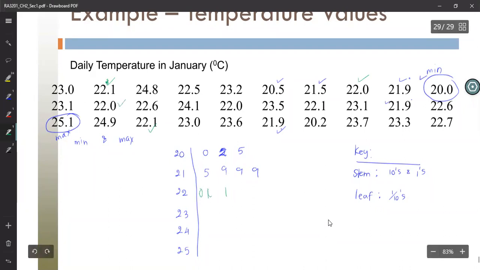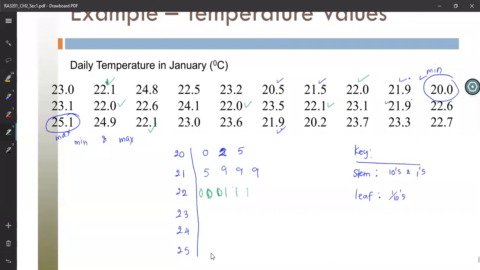Another 22.0, yes, another 22.0, 22.1, three 22.1s, okay.